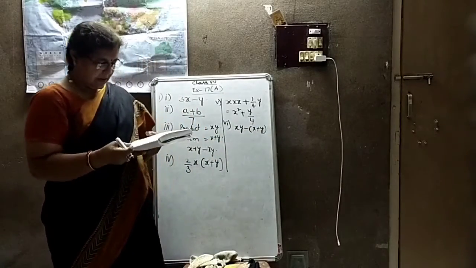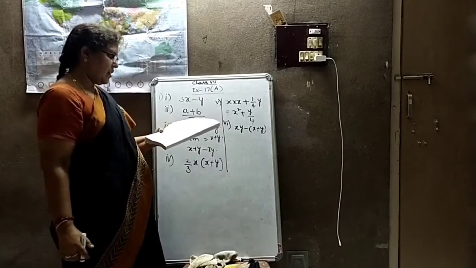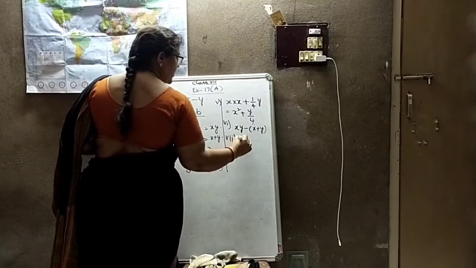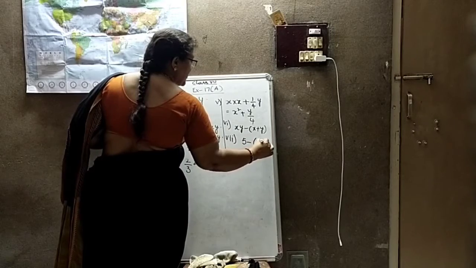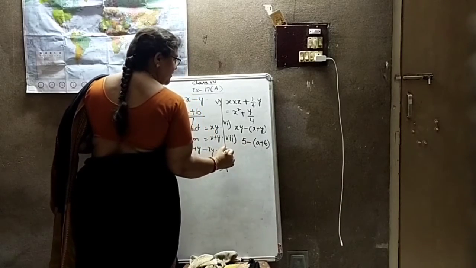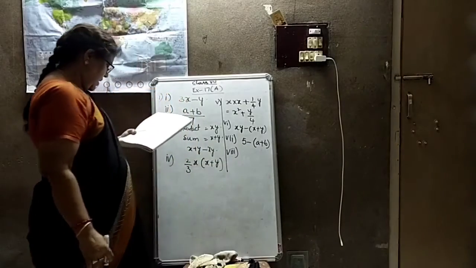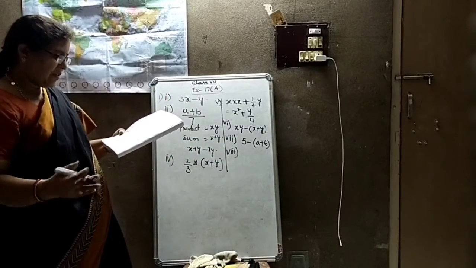Okay? Right. Seventh one: the sum of a and b subtracted from 5. Okay? Eighth: 3/4 of a number b subtracted from 1/5 of a number a.